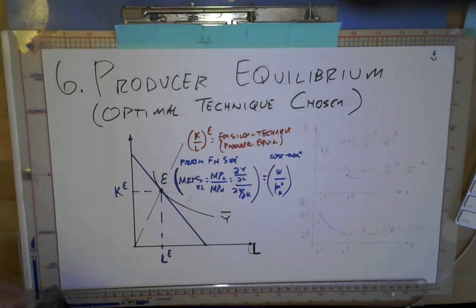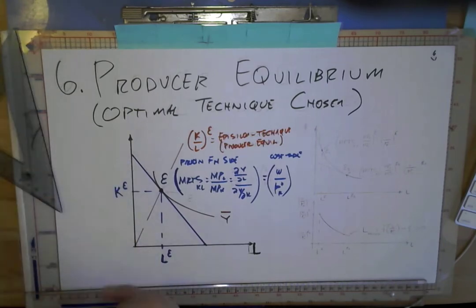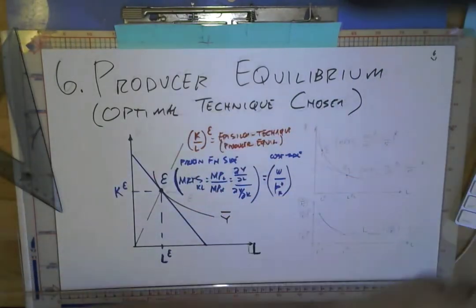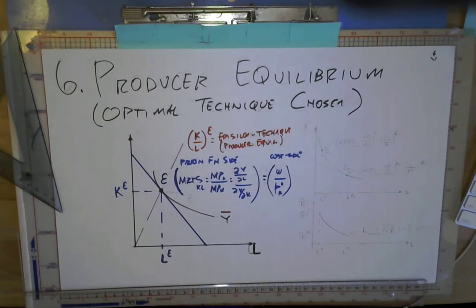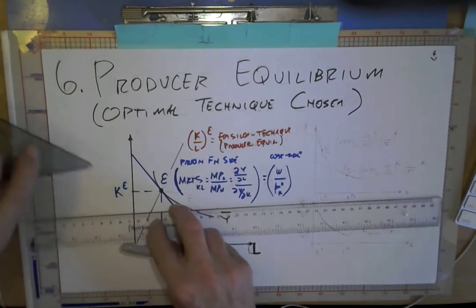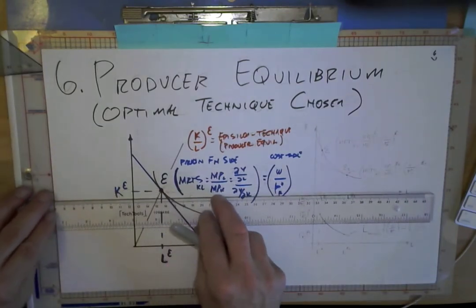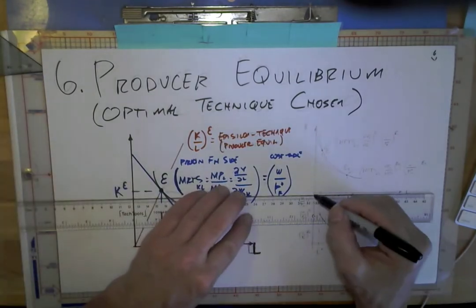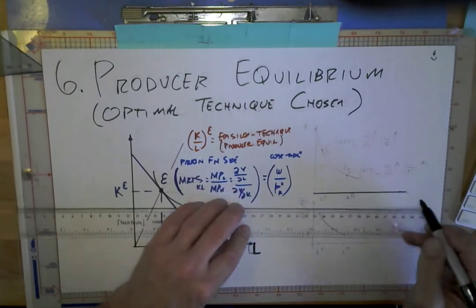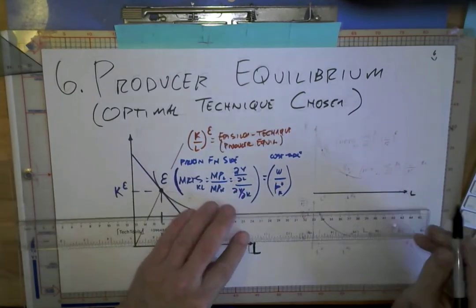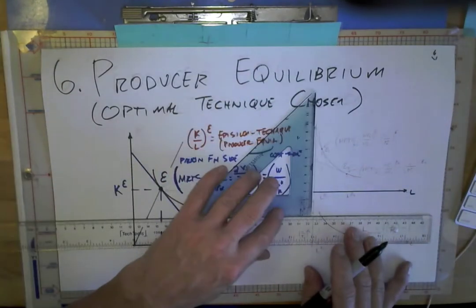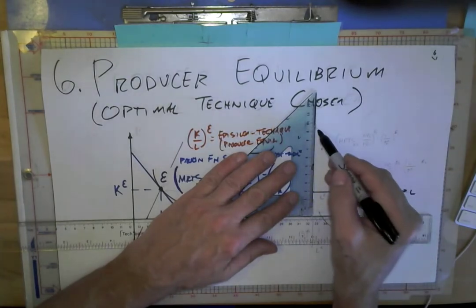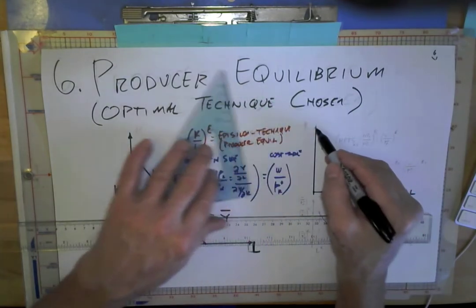Then we consider what happens when the prices change. We already saw with respect to our budget line that as the wage goes down, the budget line gets flatter. So we draw this in terms of our factor space. This is going to be the quantity of labor on the horizontal axis and the quantity of capital on the vertical axis.